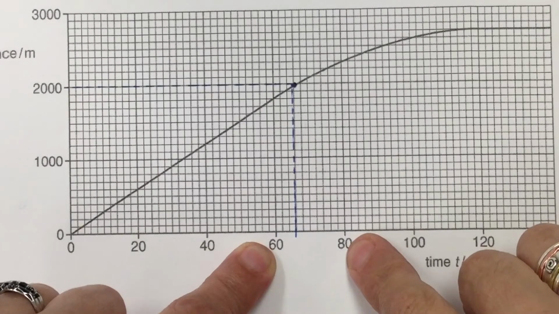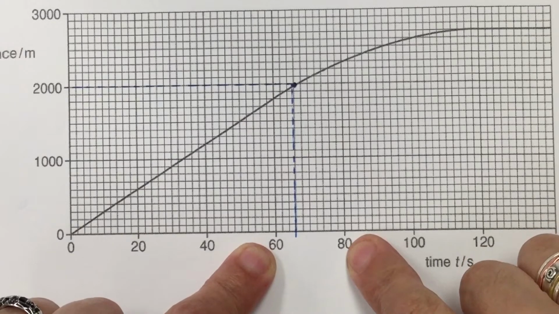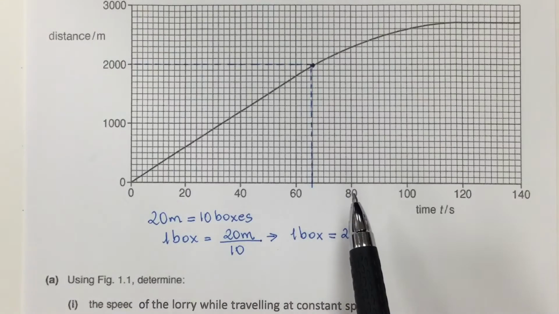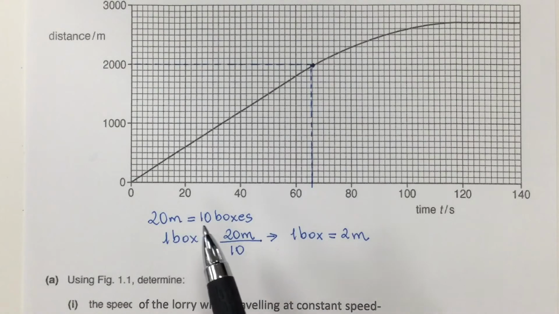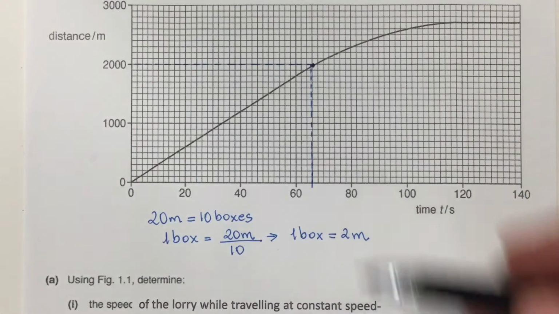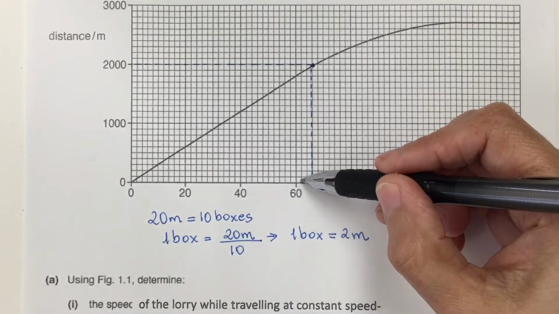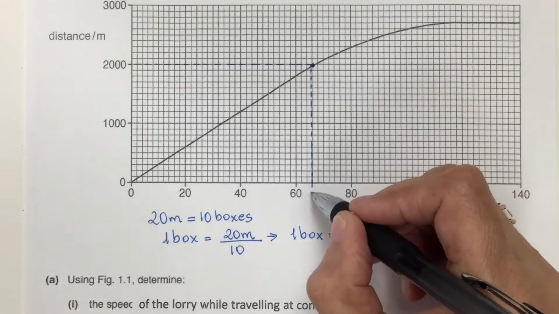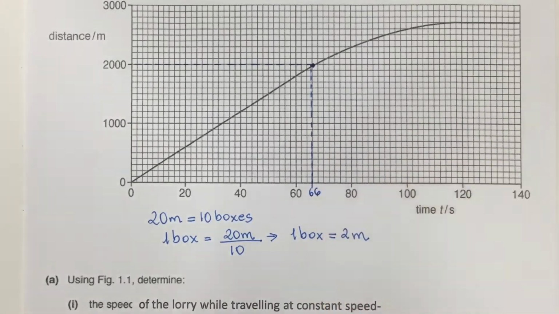80 minus 60 is 20. So 20 seconds between 60 and 80 corresponds to 10 boxes. So one box is 2 seconds. So here we have 60, 62, 64, 66. So this number is 66.